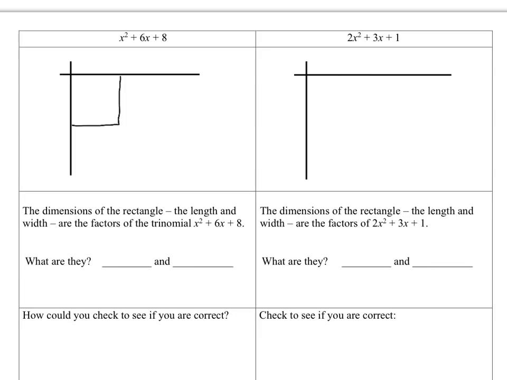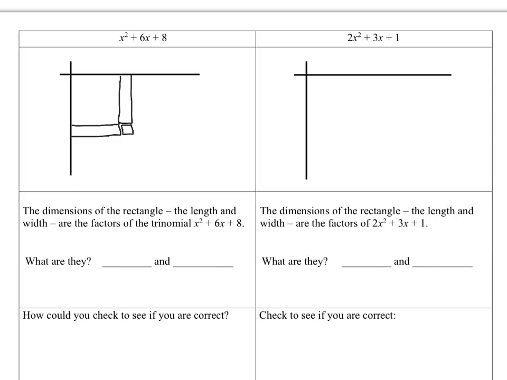Since the dimensions of x squared are x by x, I can put an x tile here and an x tile here. And when I do that, that sets me up for a ones tile. So I'm going to put an x tile right here, an x tile right here, and that sets me up to put a 1.